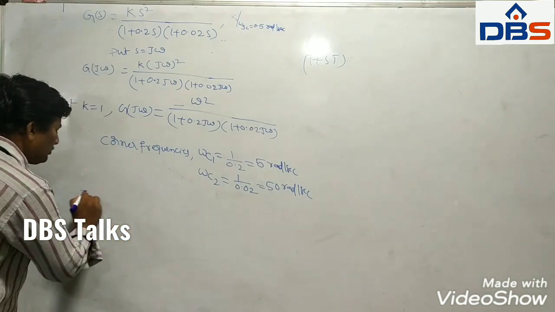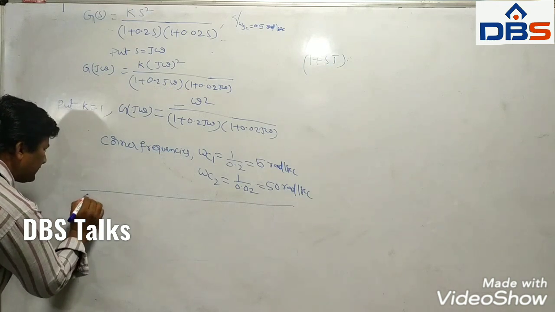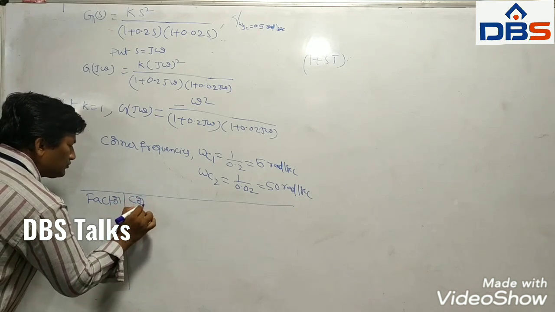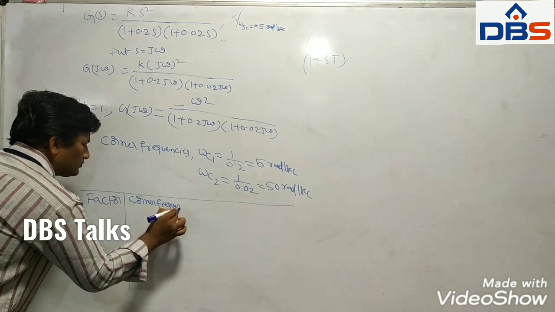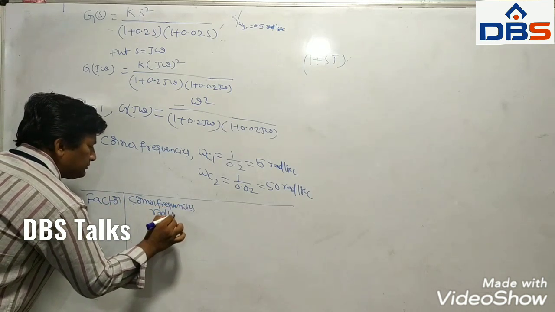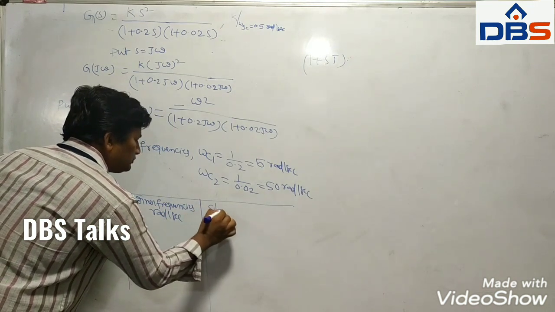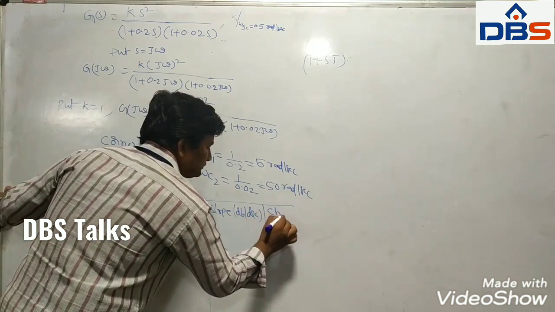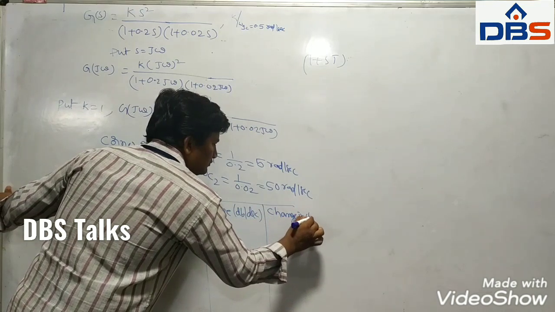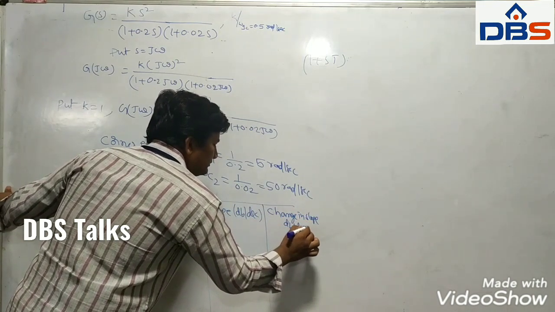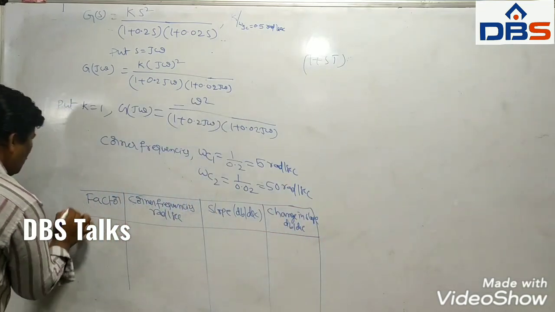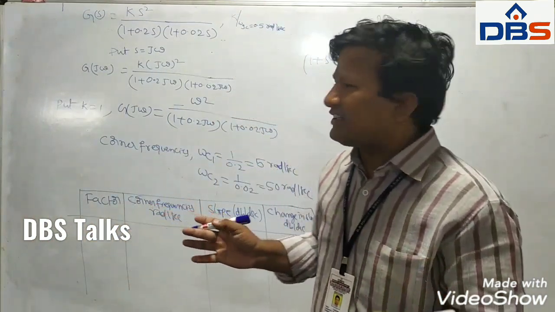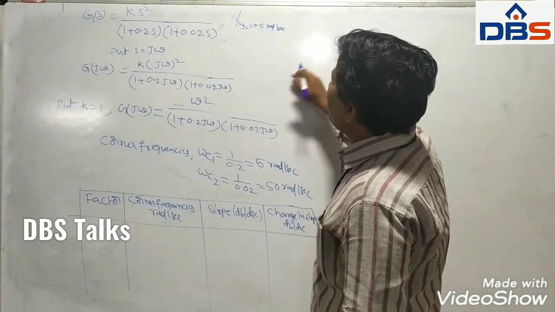The table has the columns: factor, corner frequency in radians per second, slope in dB per decade, and change in slope, also in dB per decade. The given open loop transfer function must be divided into factors.